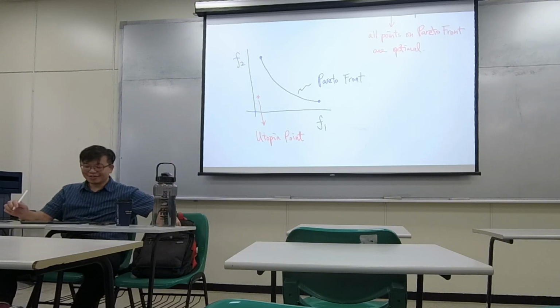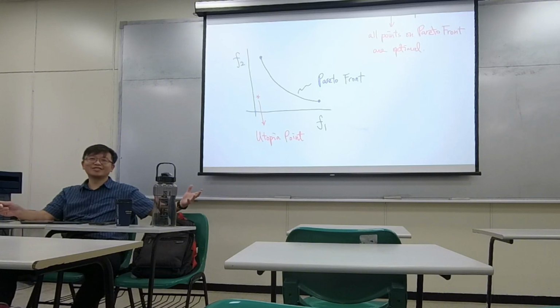So the utopia point means it's a wonderful point, so great that both F1 and F2 are small at the same time, but which cannot be happening.